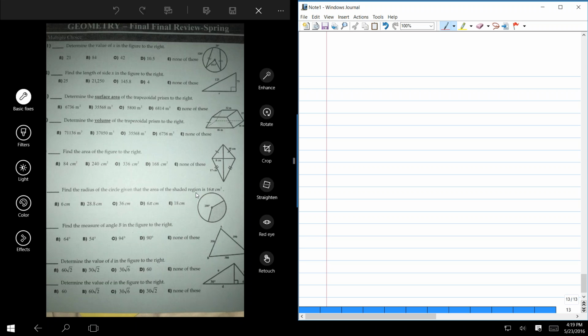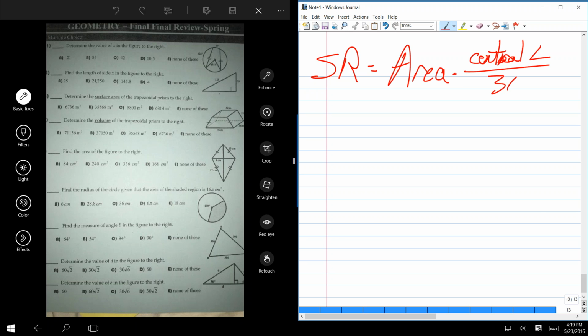The way to solve this problem is to start out with the general equation for shaded region. X over 360 times pi r squared. Well, you're right. The shaded region is the area times the central angle of the shaded region divided by 360.